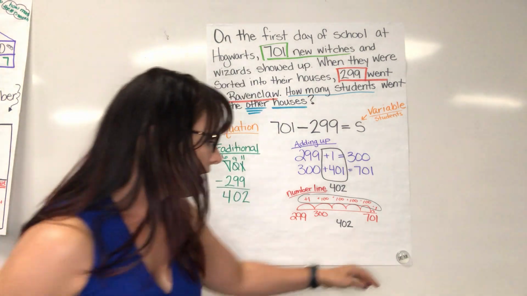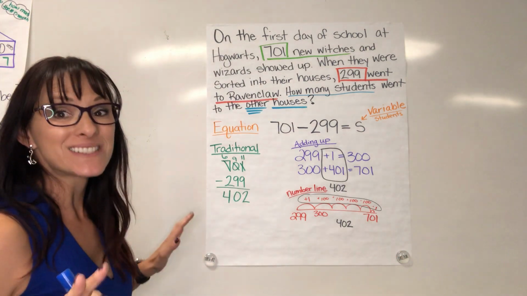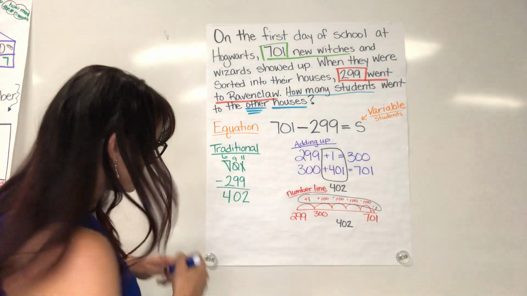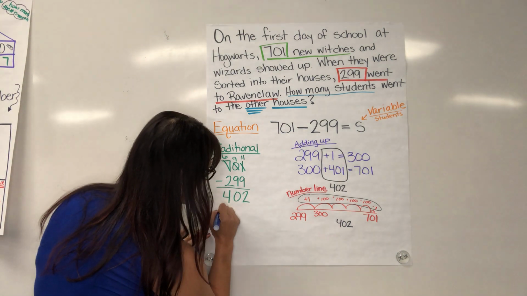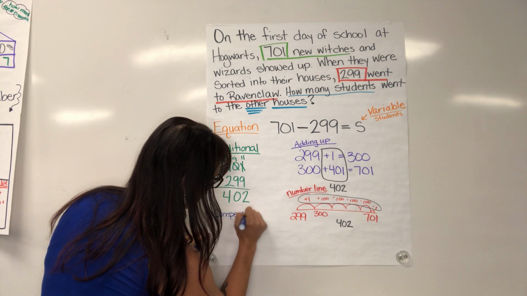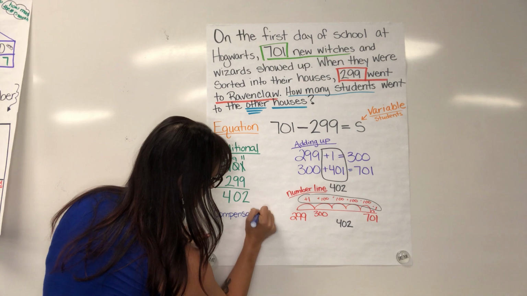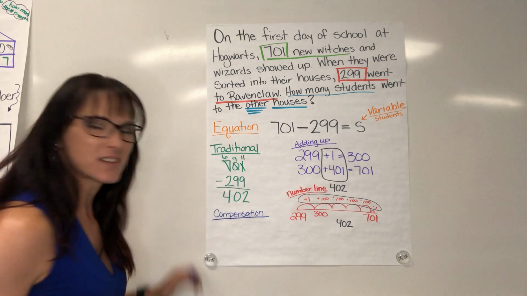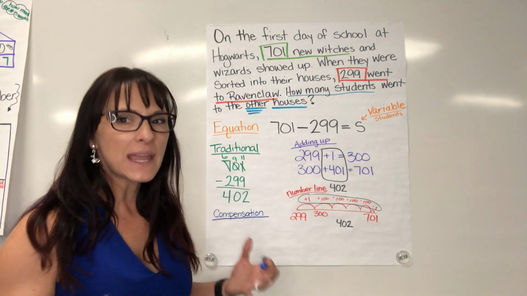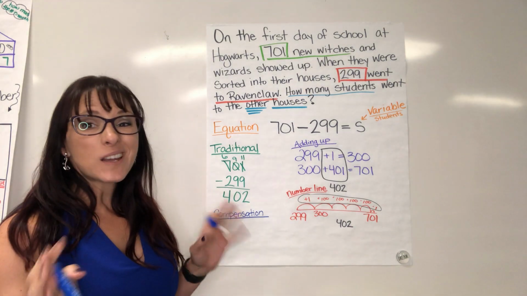We are gonna do our next strategy. So easy. It is called compensation. You guys, this is gonna blow your mind. Okay, we are gonna do compensation. I know that is a crazy big word. Write that down, compensation. That means we're gonna take our numbers and we are gonna mess with them a little bit.